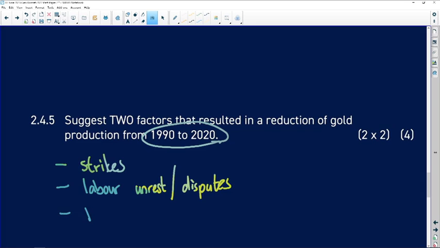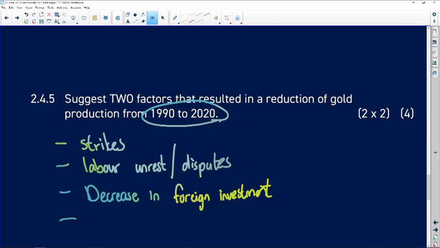And there was a decrease in foreign investment. And last but not least, we're still experiencing load shedding. We can't mine without electricity, so the productivity will decrease.